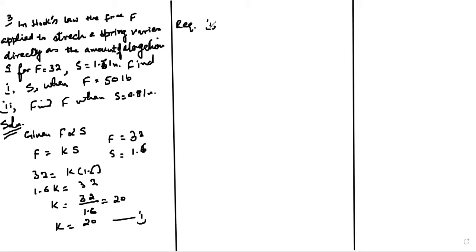Right, for the first part required, part 1. So we have to calculate S when F equals to 50. Right, so we have F equals to K S and S equals to F over K. Value is given, F is equal to 50 and K is equal to 20.